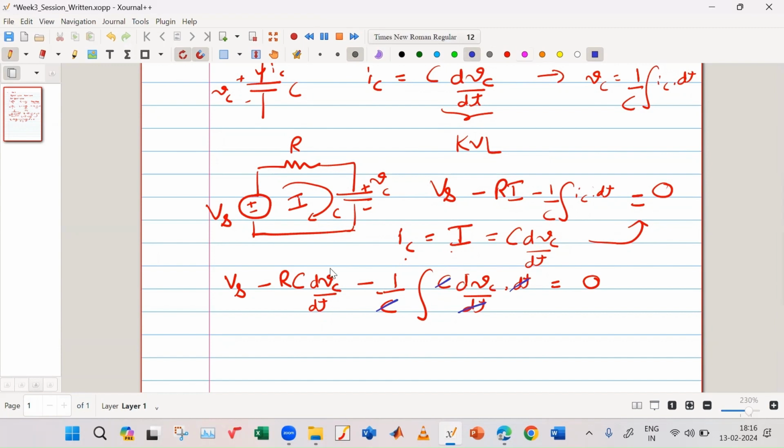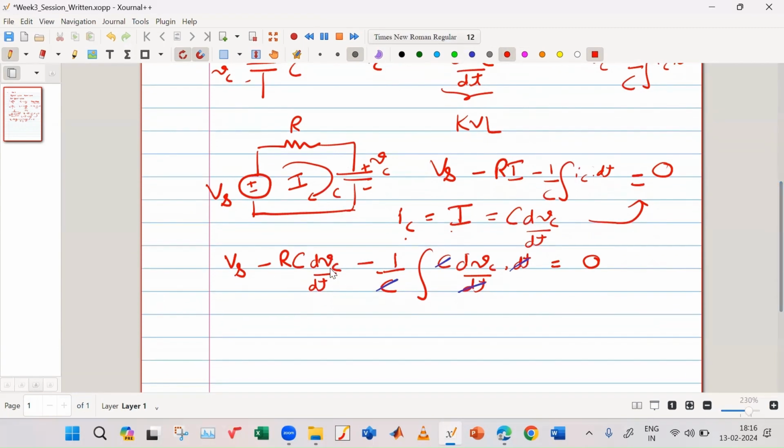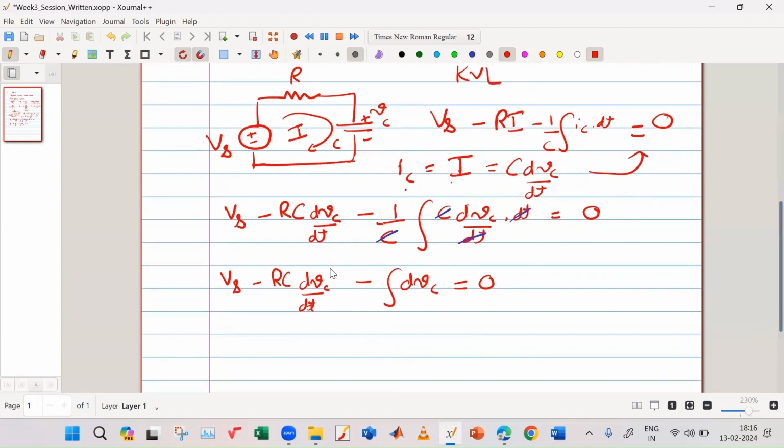So effectively I get Vs minus RC into dVc by dt minus integration of dVc is equal to 0. Integration of dVc is equal to Vc.